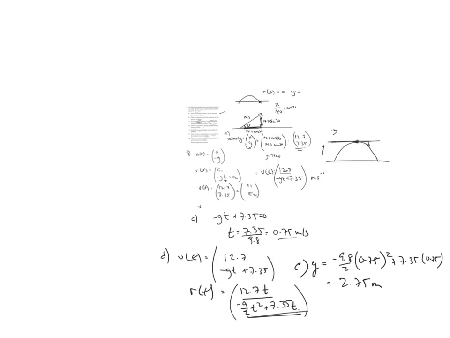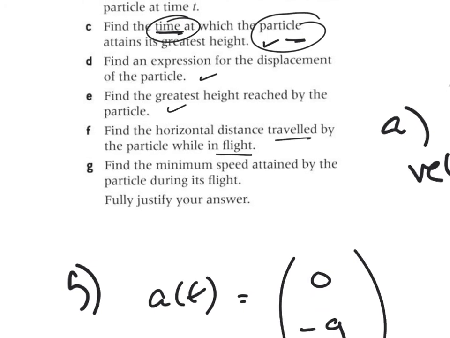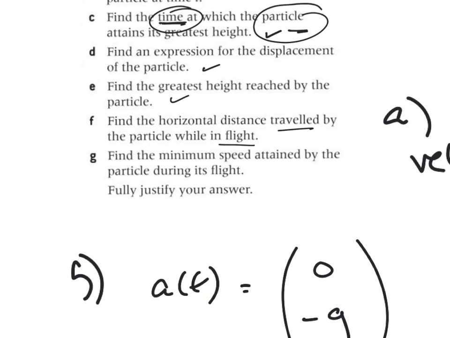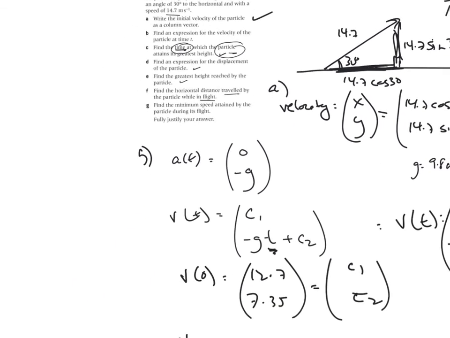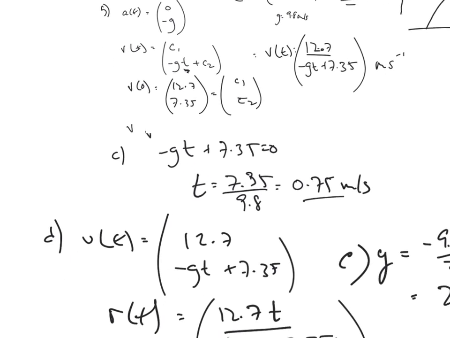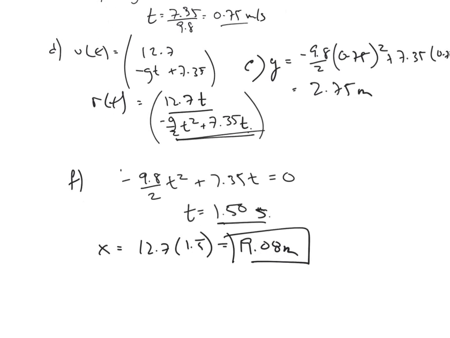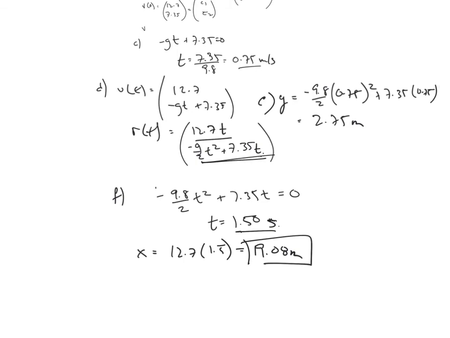Finally, G part says find the minimum speed attained by the particle during its flight. Speed is equal to the magnitude of the velocity.